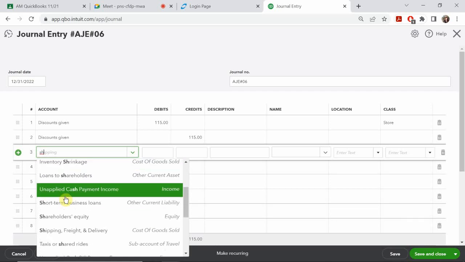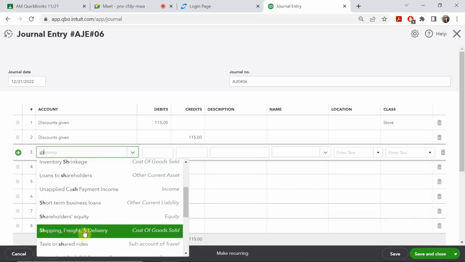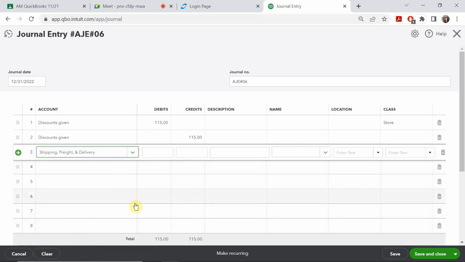Let's see, I think it was shipping, freight, and delivery. And we said it was for $32.